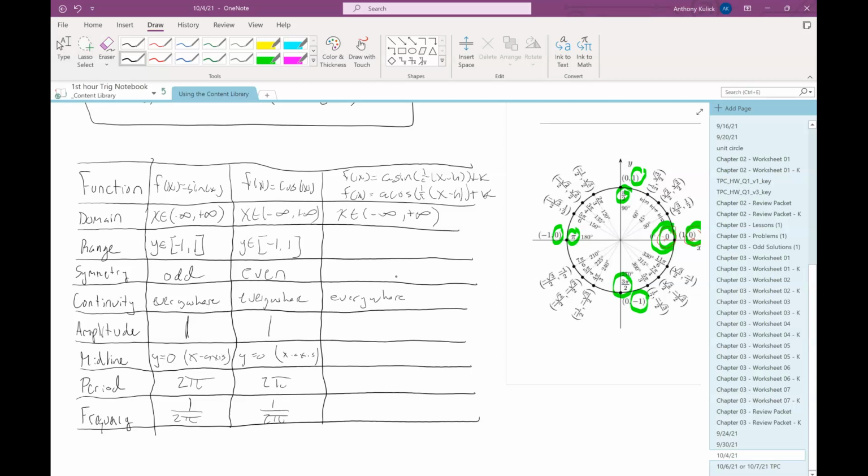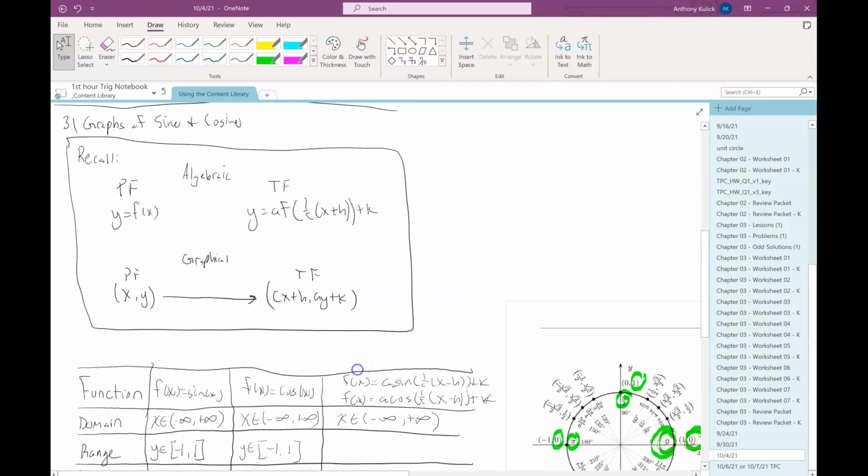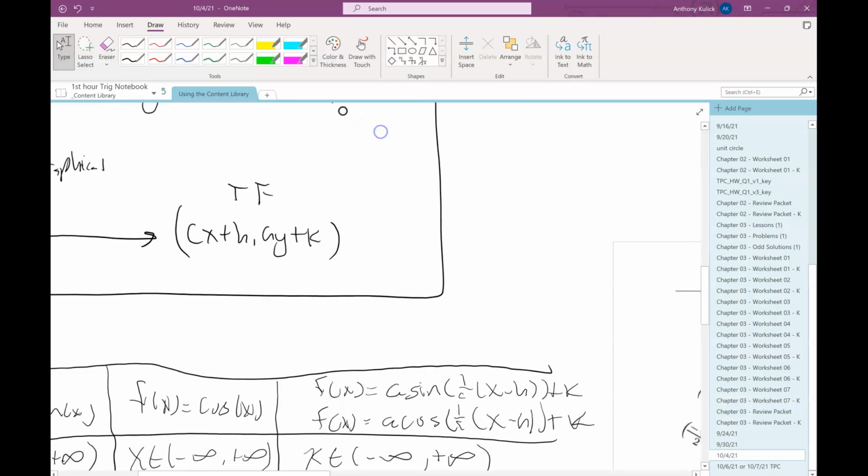Or if I picked the graph up and I moved it down, all the y coordinates got smaller. Everybody's okay with that idea? So if we think about this, we remember that the A controls the vertical stretches and shrinks, and the K controls the shift up and down. Everybody remember that?